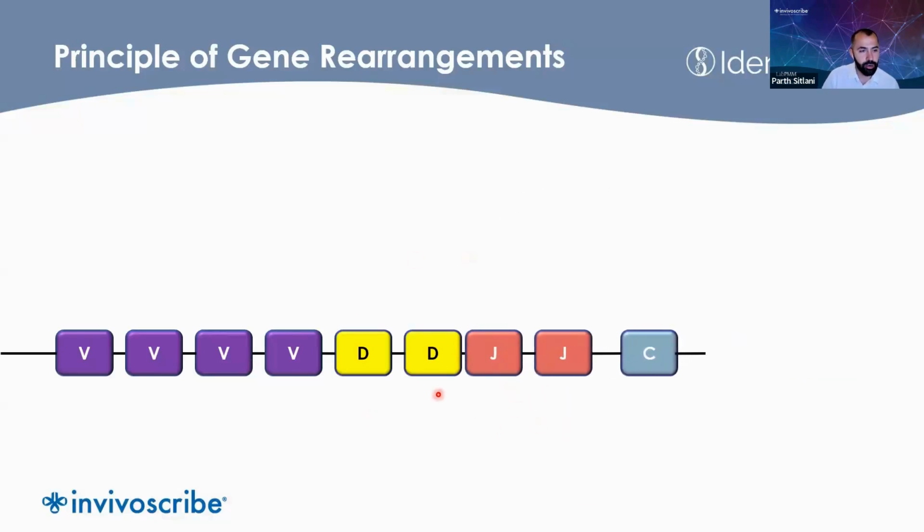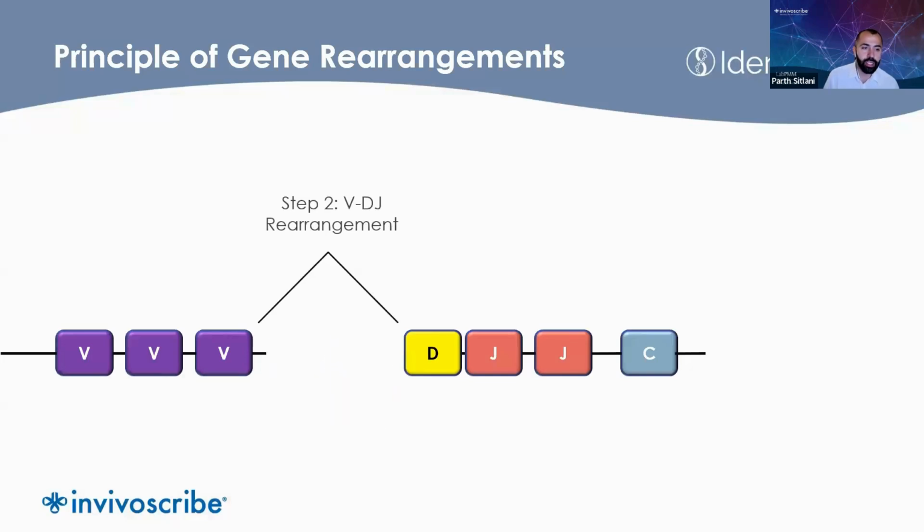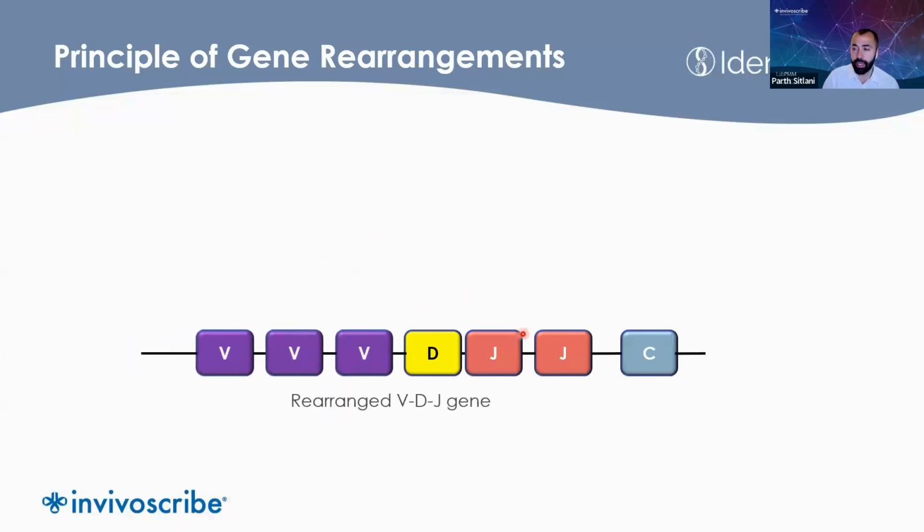The selection of which VDJ genes are pasted together happens somewhat randomly, leading to a relatively unique VDJ gene rearrangement, because this rearrangement happens semi-randomly across each of these lymphoid cells, leading to a slightly different selection of V, D, and J.